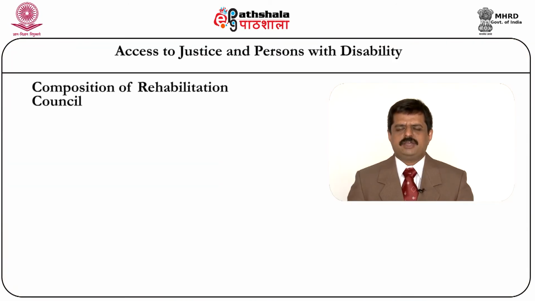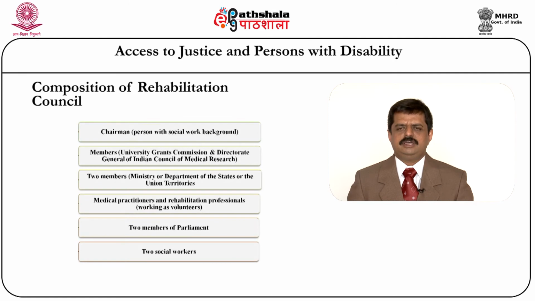So, the Rehabilitation Council consists of a chairman with a social work background, members from various departments including UGC, Director General of Indian Council, Medical Research Council. So, a variety of members are included, including medical practitioners and the parliamentarians.